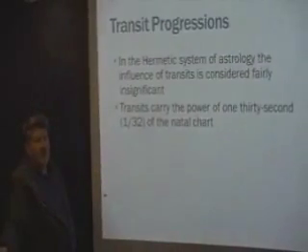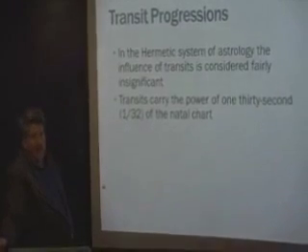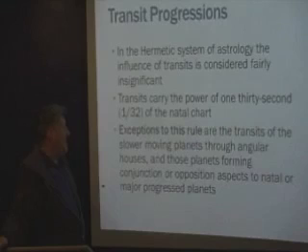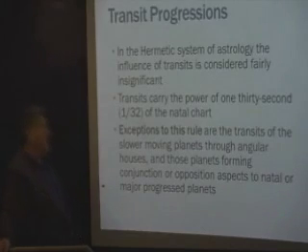Transits generally come along and trigger or unlock the energy that's in that major progression. The exception, as I said, is transits of slower moving planets, especially if they're going through angular houses, house number 1, 4, 7, and 10, and if they are forming conjunctions or oppositions to natal or major progressed planets.